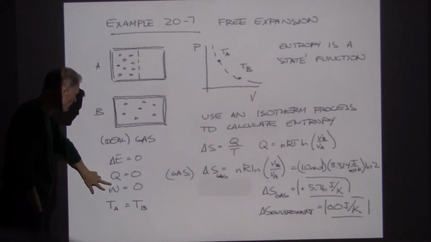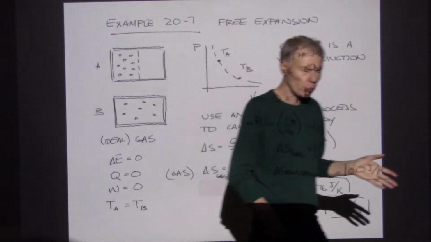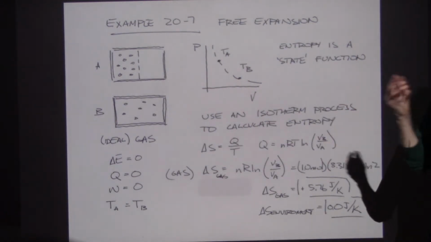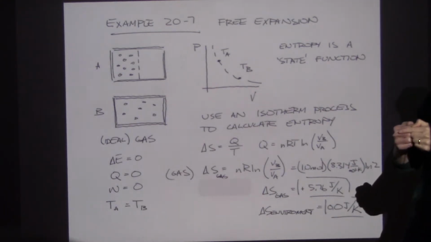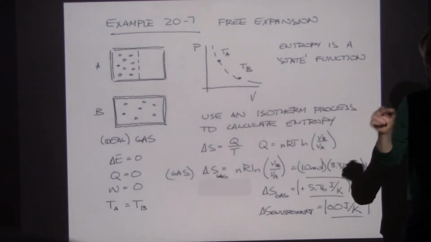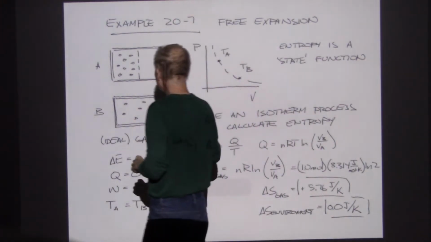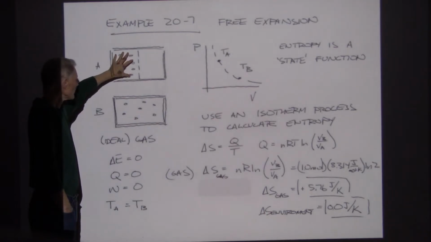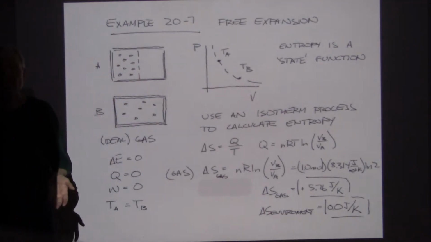What about work? Because what we said all through chapter 19 and 20 is that anytime we compress, energy is being transferred into the sample through work, and anytime we allow an expansion, the energy is lost from the sample. And this at first looks kind of like an expansion, except these gas molecules, when we remove the barrier, are not pushing against anything.